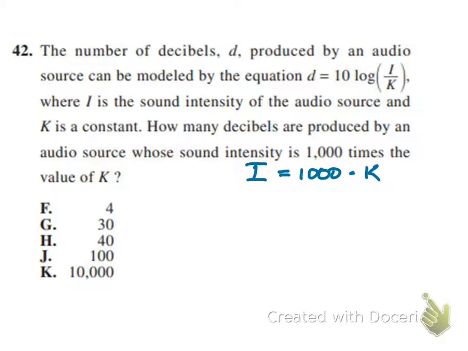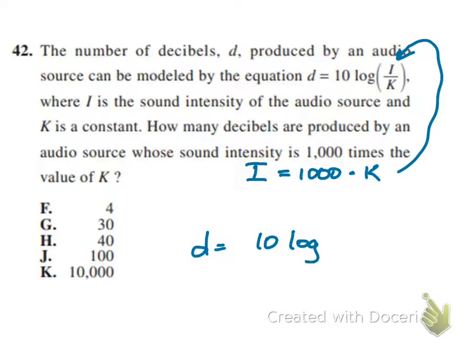Now this is really a complicated looking problem, but it's a formula. We're looking for values to plug into the formula. They gave us a value right there. I is 1,000 times the value of K. So I'm going to take this value, plug it in right there for I. D equals 10 times the log.